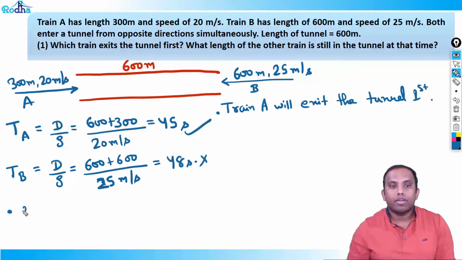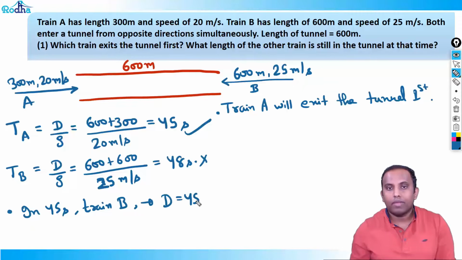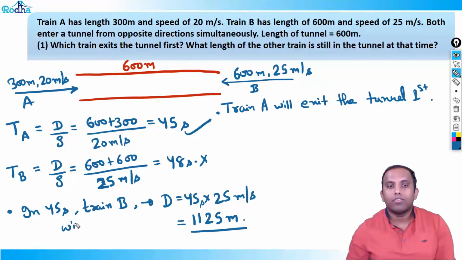So in 45 seconds, train B will travel how much? Distance is 45 into speed of train B, that is 25 meters per second. What is the answer? 45 into 25, that is 1125 meters.